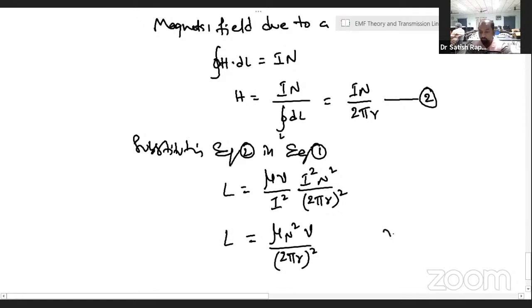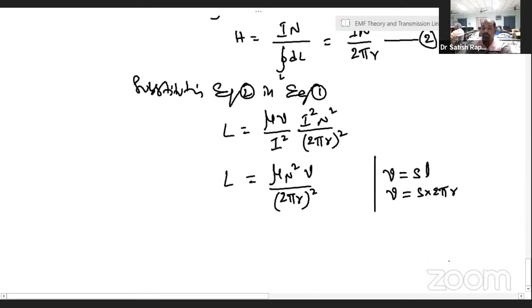Further, volume. So what is volume? Volume is area into length. What is the length of a toroid? Just now we have discussed, the length of a toroid is circumference. Therefore volume V is equal to S into 2 pi r, right? So if you substitute this, what you'll get?